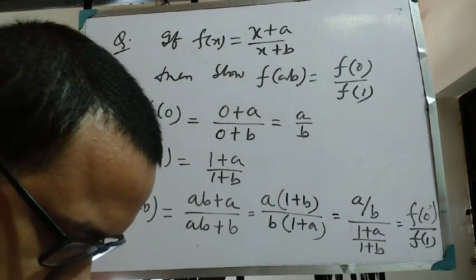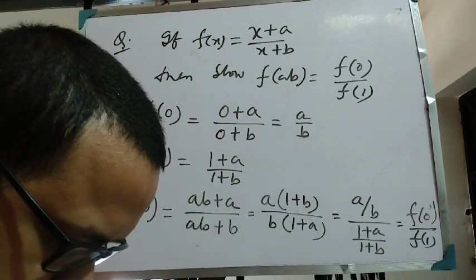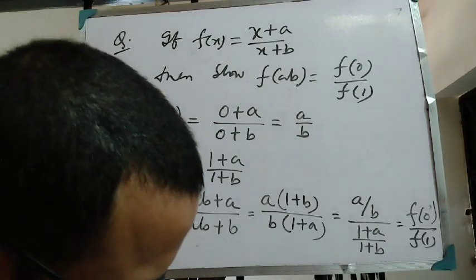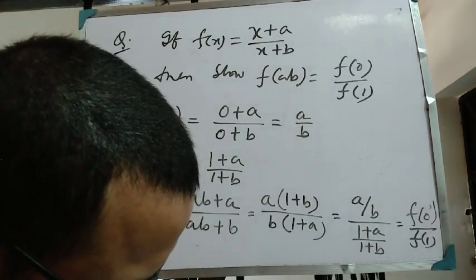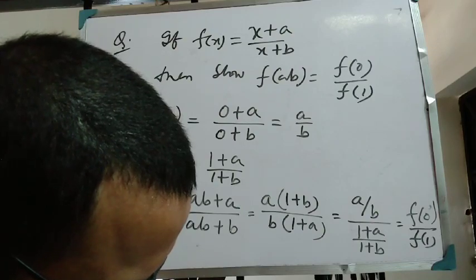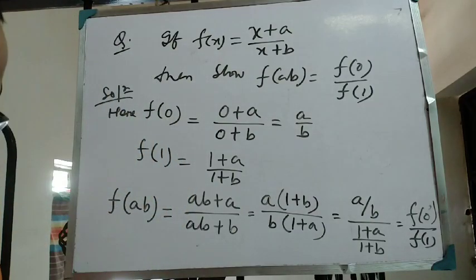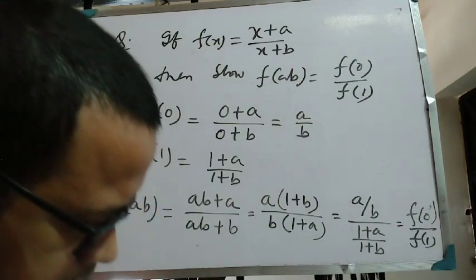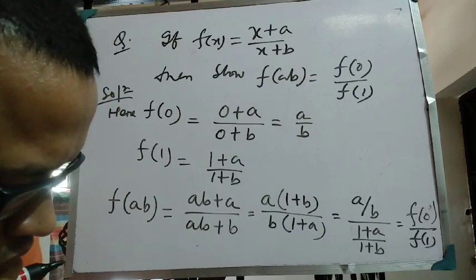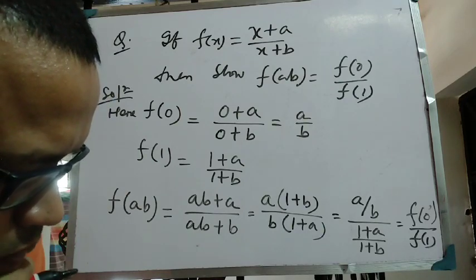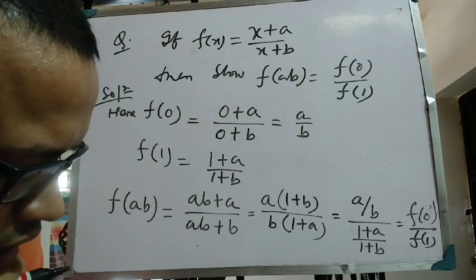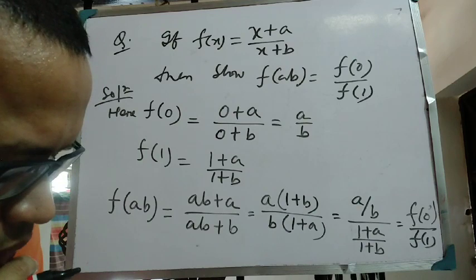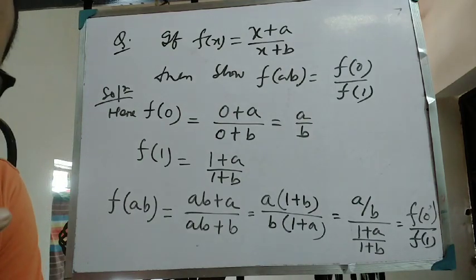Problem number 3: for what value of k is the expression 2x^4 + 3x^3 + 2kx^2 + 3x + 6 completely divisible by x + 2.